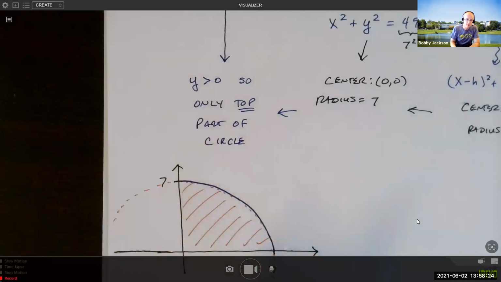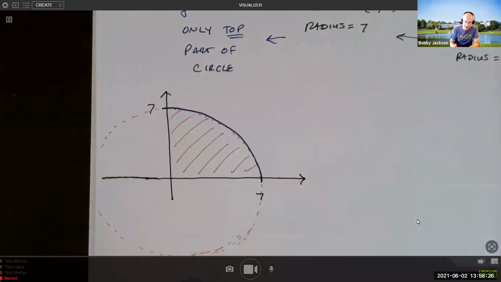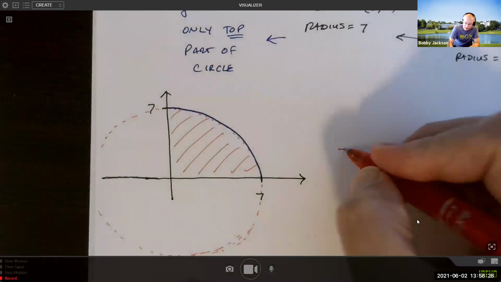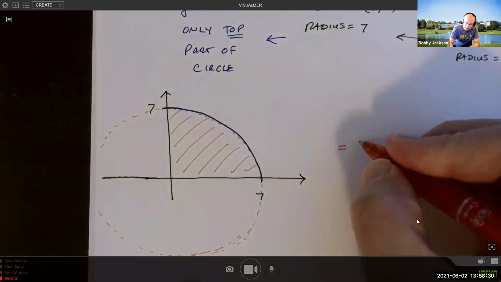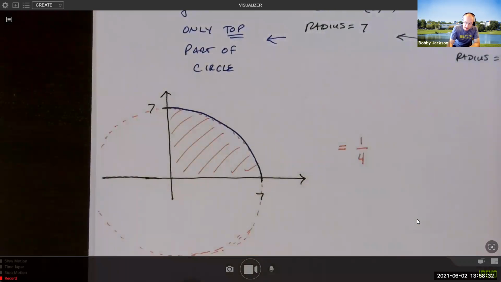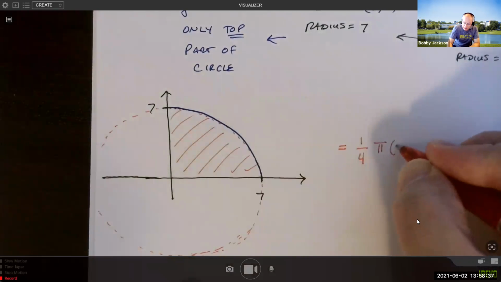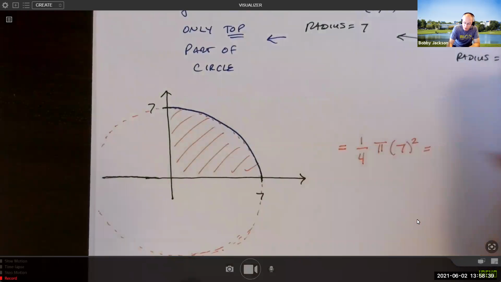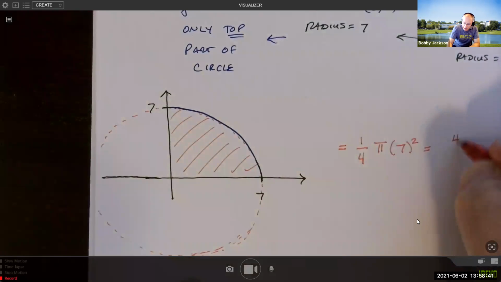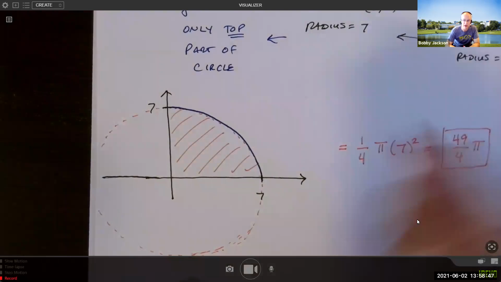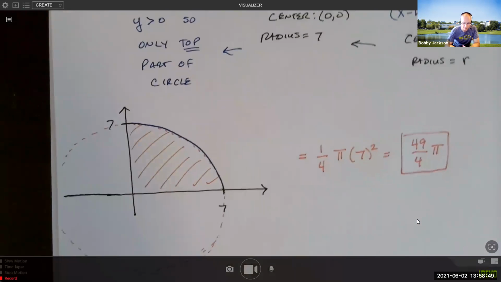Interpreting this integral in terms of area, this is 1/4 of a circle. So it's 1/4 times the area of a circle of radius 7, which is pi times 7 squared, or 49. I get 49/4 times pi, and there is the value of your definite integral.